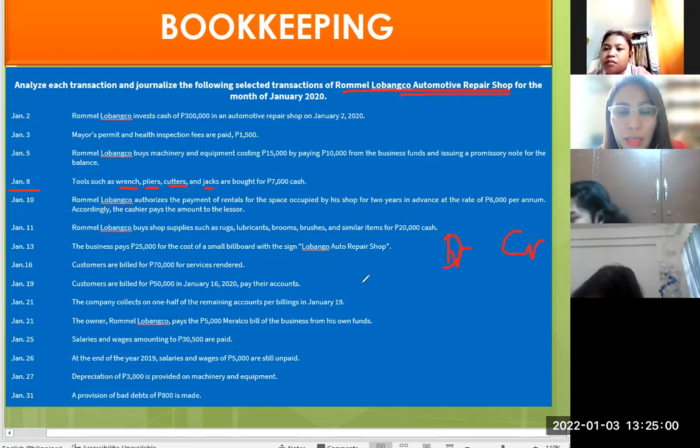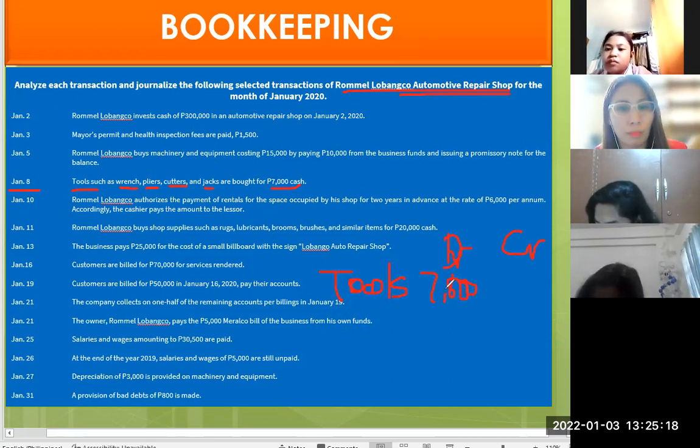So, debit and credit. So, ano yung value received? Tools. 7,000 pesos. And then, ito, naka-mention din sa transaction. The payment is through cash, credit cash, 7,000 pesos.